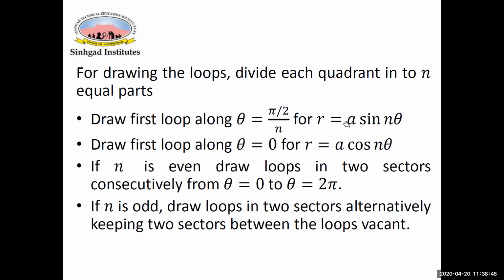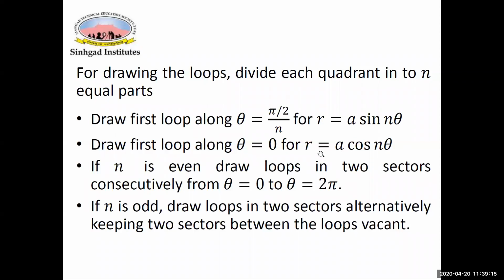That is, if r is equal to a sin 3 theta, your first loop will be along the line theta equal to pi by 6, where each quadrant will be divided into 3 equal parts. If r equal to a sin 2 theta, divide each quadrant into 2 equal parts and draw the first loop along the line pi by 4.